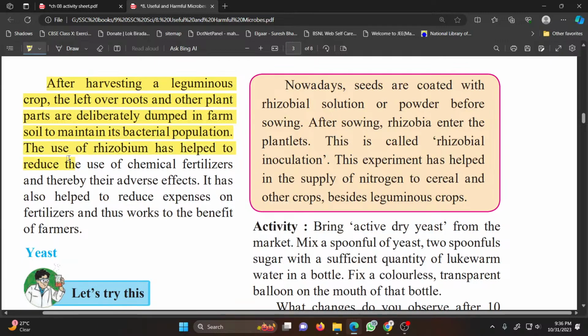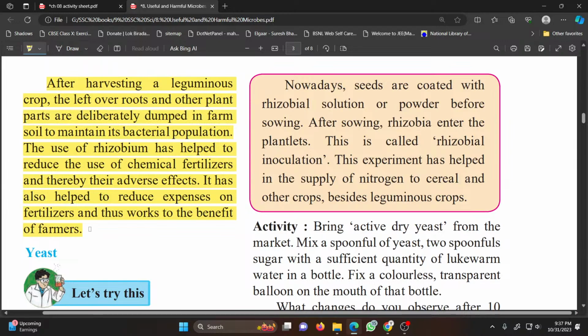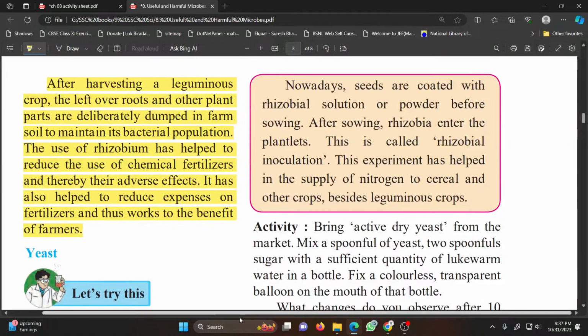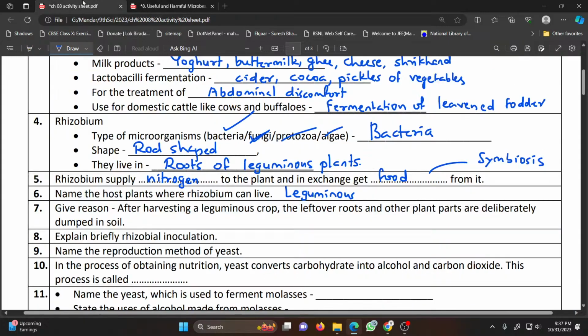Use of rhizobium has helped to reduce chemical fertilizers and their adverse effect. It has also helped to reduce expenses on fertilizers and thus benefits farmers. It's a source of nitrogen. So when the leguminous plants are dumped, the rhizobium population in the soil increases, and which gives nitrogen to the soil.